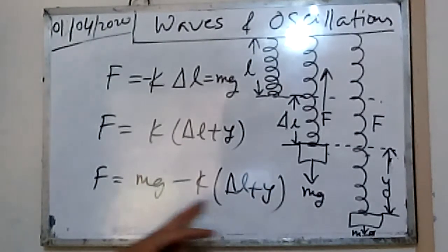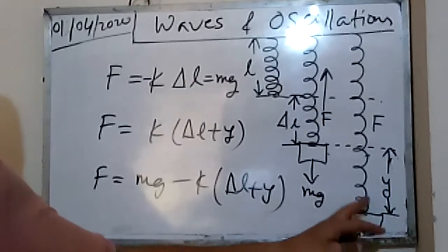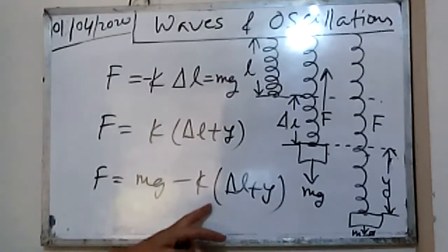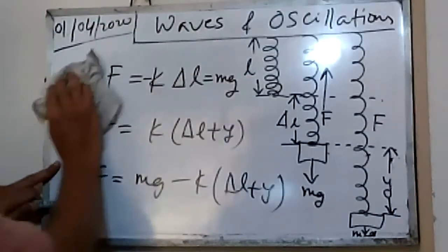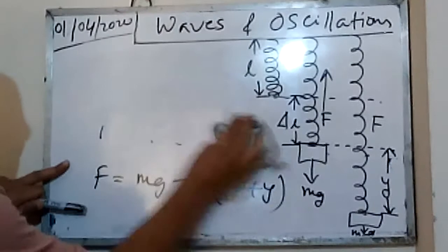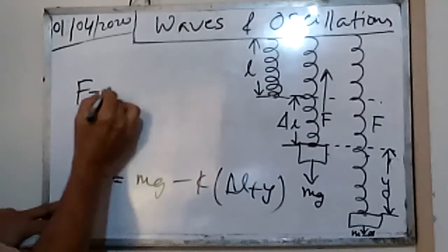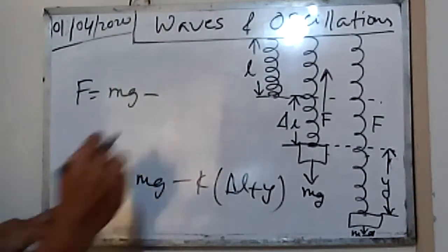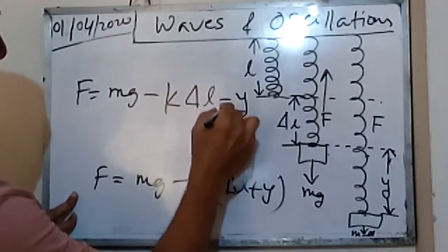This is the resultant force at this moment, at this position. So F equals mg minus K del L minus Ky.